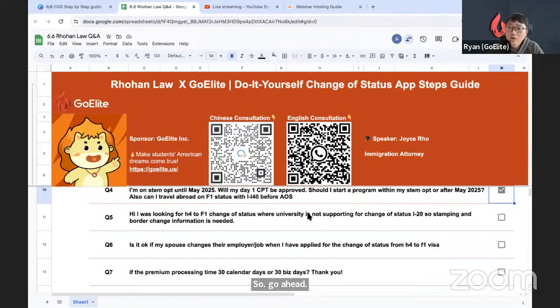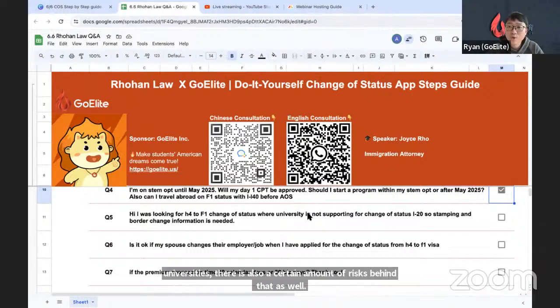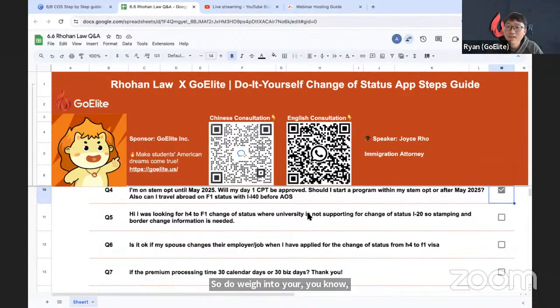But you should always consider the risk factor as well, because doing a change of status application within the US is one thing, but going out of the country for F1 stamping, especially if you're going for Day One CPT universities, also carries a certain amount of risk. So weigh your options: do I leave the country, do F1 stamping, and come back, or do I choose another school for change of status because I can legally remain in the US and don't have to leave? Do consider that in your case.